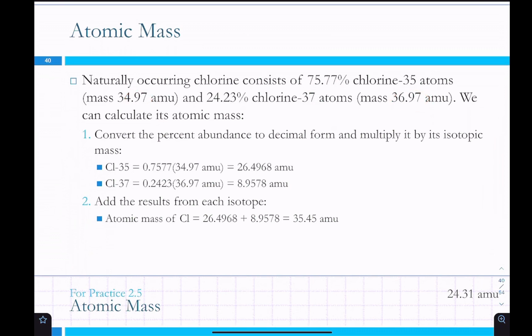So for chlorine 35, we take the percent converted into a decimal, the proportion of chlorine 35, multiplied by its exact atomic mass, and that gives us this number. Then we take chlorine 37, multiply its exact mass by its proportion abundance to get this number, and adding those together gives us the weighted average.